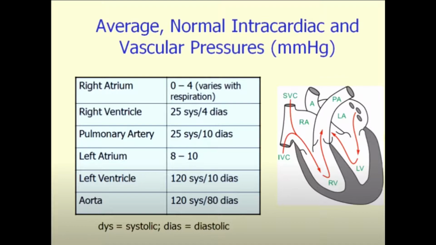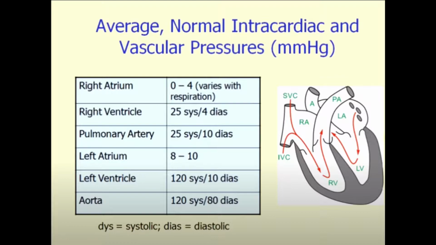When understanding the changes in cardiac pressures, it's best to understand what the normal values are in a spontaneously breathing patient. Right atrial pressures can vary with respiration, from 0 to 4 millimeters of mercury. Right ventricular pressures are typically 25 millimeters of mercury systolic and 4 millimeters of mercury diastolic.